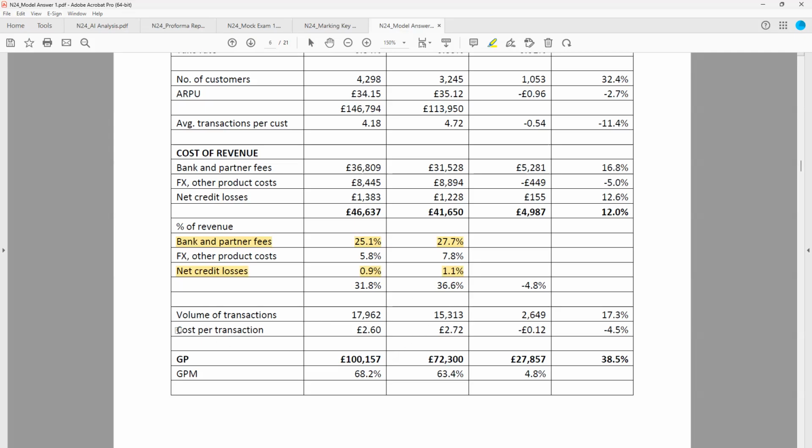And of course, we know a KPI, or key financial ratio, is looking at cost per transaction, which has decreased. So really good news for the gross profit margin because revenue per transaction has increased, cost per transaction has decreased, and therefore we can see that feeding through into the gross profit margin.